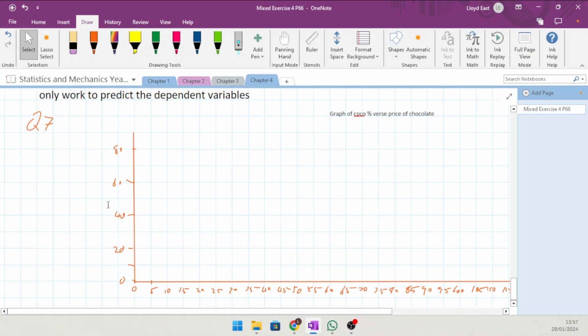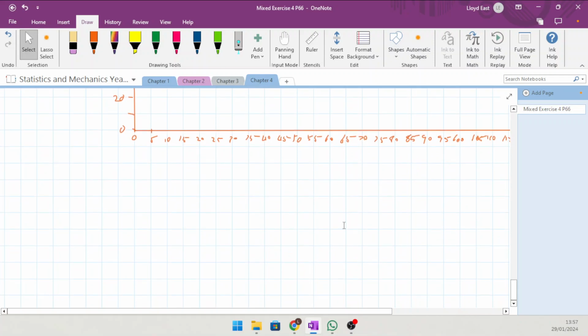Okay, this is cocoa percentage. This one is price in pence.